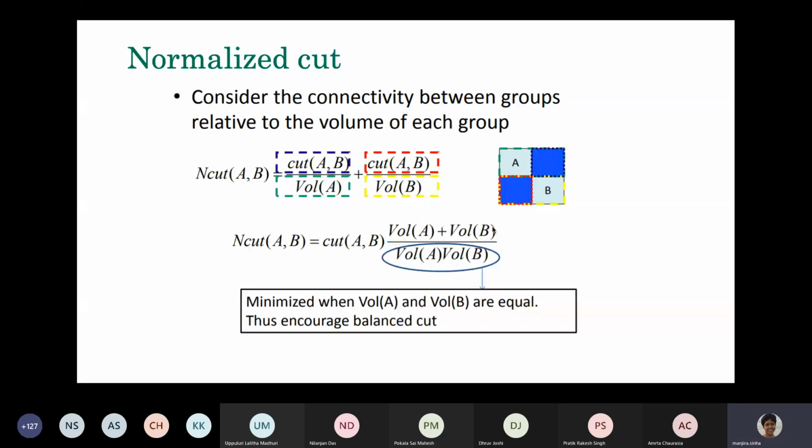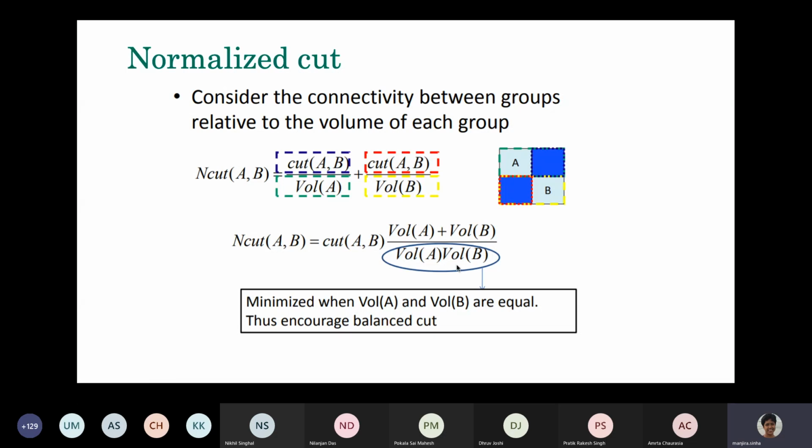As you can see, if these two are similar, then it becomes the square of one of the quantities, and this whole thing is minimized. And this encourages a balanced cut. So if volume of A and volume of B are similar, then this quantity is minimized, or otherwise one will be greater than the other.